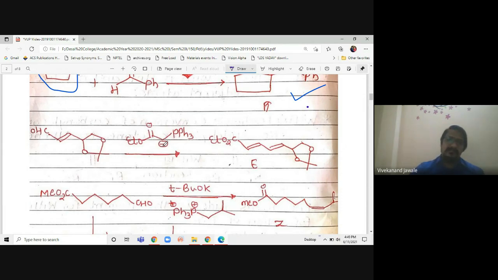Now this negative charge, what will it do? It will go into resonance. If it goes here it can go up, right? So there will be resonance, it can come again and then the double bond will attack. So this negative charge is getting stabilized over here, right? So it is going into conjugation, and you know conjugation means stable.